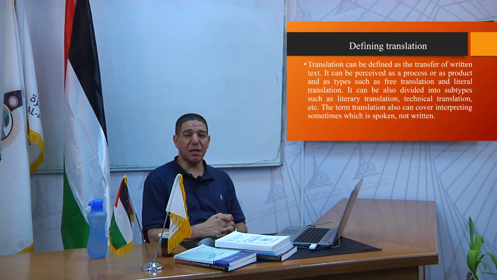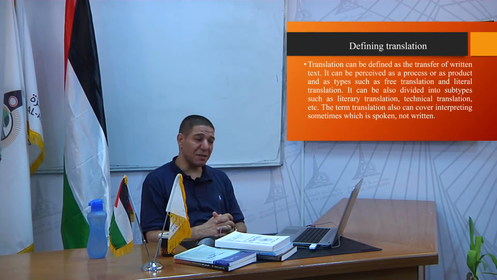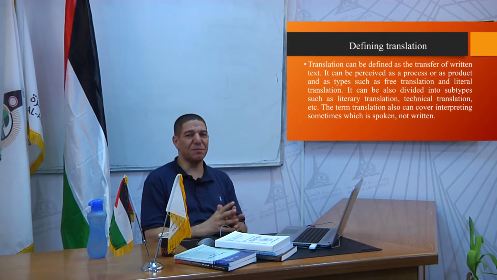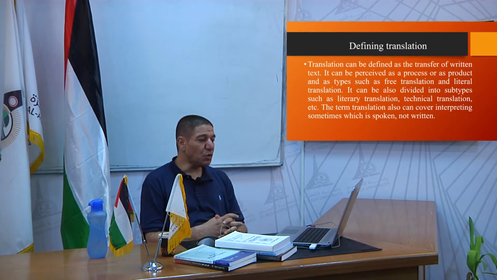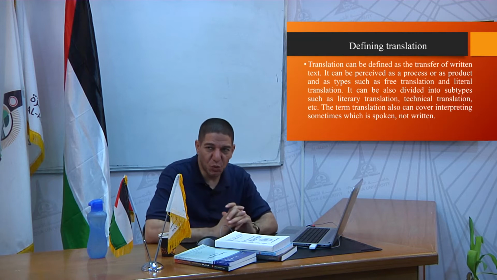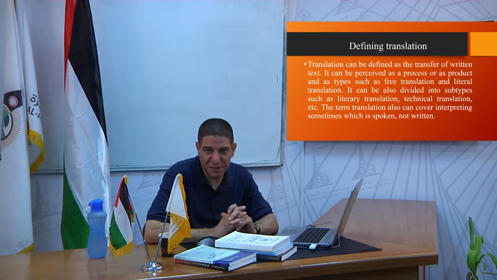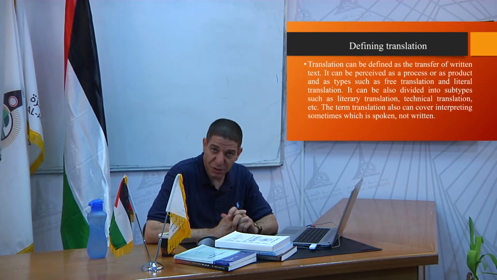Also, translation can be divided into types and subtypes. Types: free translation, literal translation, adaptation. These are like types. But when you talk about subtypes, you talk about literary translation, technical translation, etc. Subtypes have to do with the types of texts or genres that are dealt with in translation.